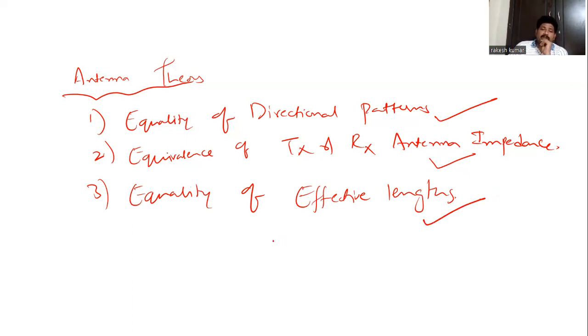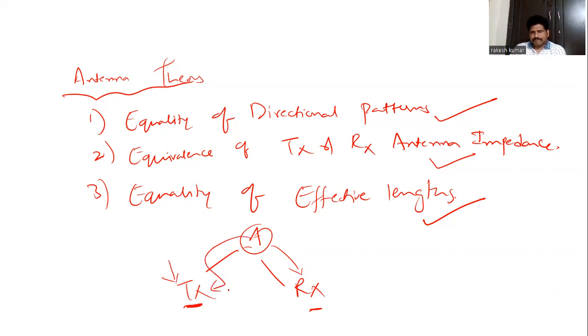Means, for example, let us take an antenna. This antenna can be used both for transmitting purpose as well as receiving purpose. Whenever it is used for transmitting or for receiving, the radiation pattern of both should be the same. Similarly, the impedance possessed by the antenna when used as a transmitting antenna should be the same as the impedance when it is used as a receiving antenna.